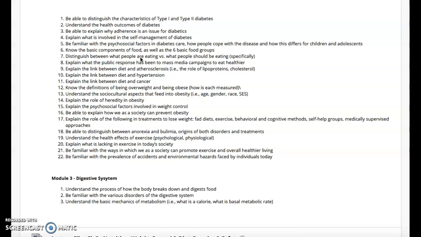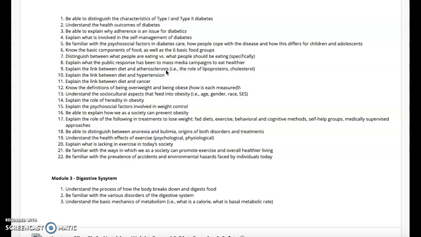Being very specific there. What foods are bad? What foods are good? What should we be having more of? What is affecting us negatively that we're eating too much of? And then be able to explain what the public response has been to mass media campaigns to eat healthier.